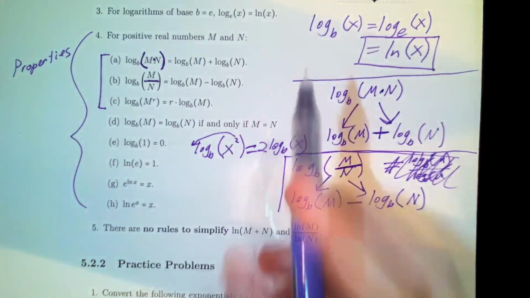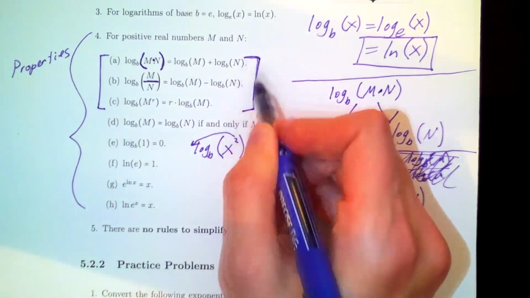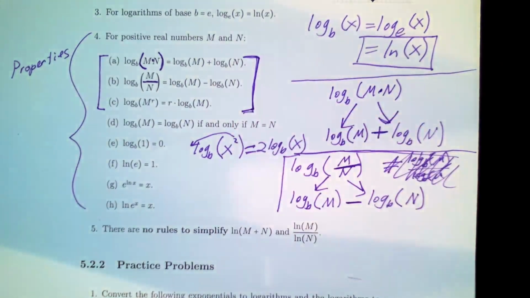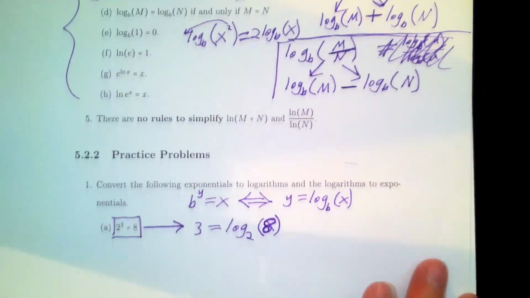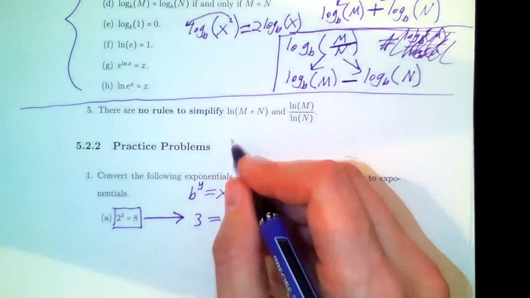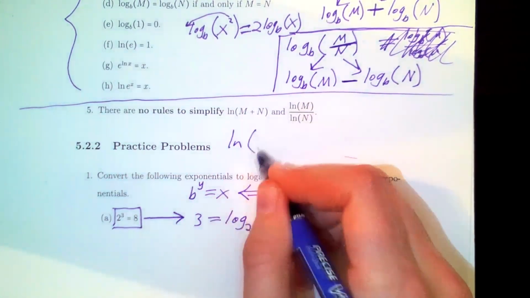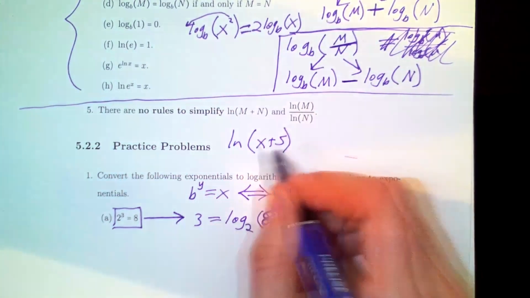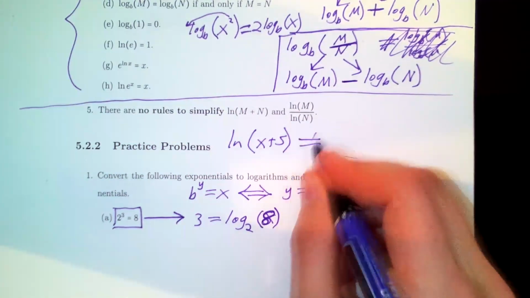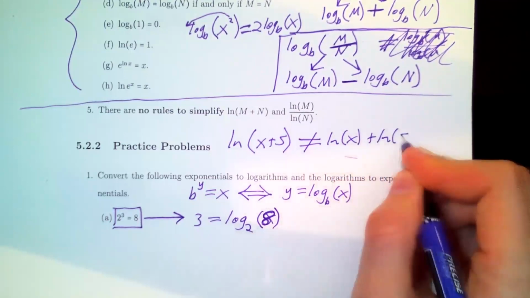So we're going to practice using these properties because they take some getting used to, and we have a lot of do's and don'ts on these. Now, one of the don'ts is that I can't take a log, in this case the natural log, of something added, and split it. So what you cannot say is that this is ln of x plus ln of 5.